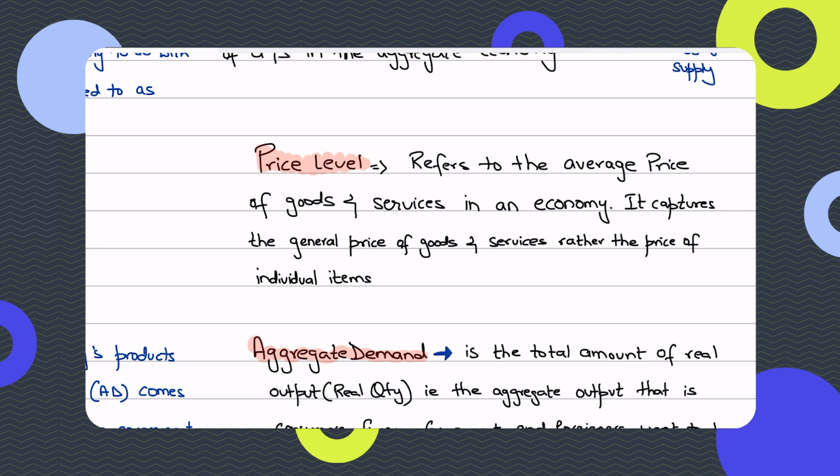Obviously we aren't going to take the price of each and every good. So when we're talking about the price level, we're taking a general price level, which means: what is the level of prices generally across the economy? So we're taking the average price of goods and services in the economy.